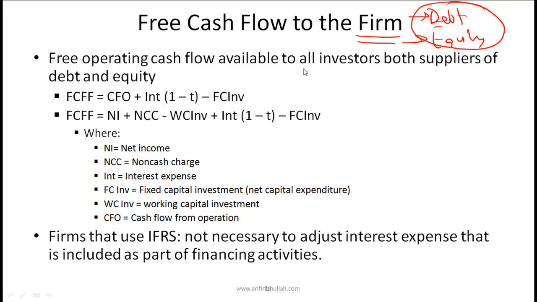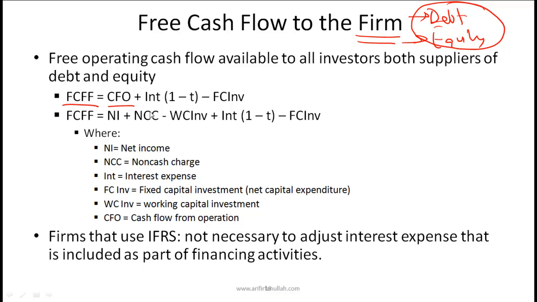The definition, which you need to memorize, is that it is equal to the cash flow from operations plus interest times (1 minus tax rate) minus the fixed capital investment. Since this is money available to debt holders also, if we are using US GAAP, for example, interest is subtracted when we come up with CFO, and that needs to be added back because we are taking the perspective of equity holders and debt holders.